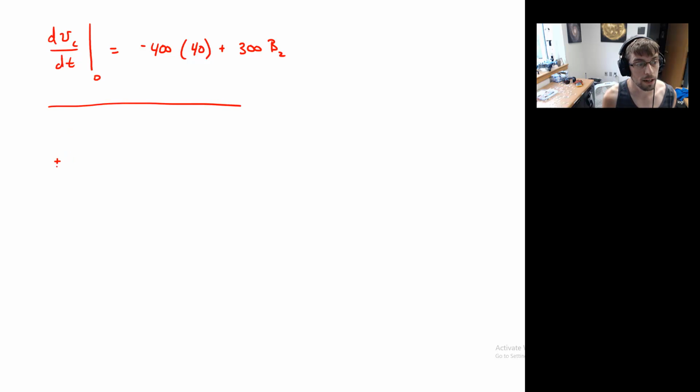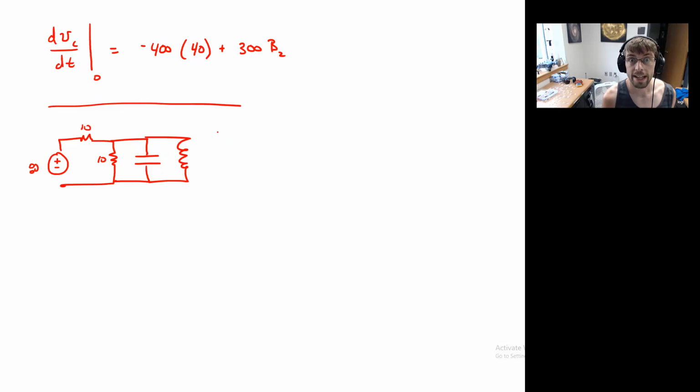Remember what we had. This is 80. This is a 10. This is 10. Our capacitor and our inductor. And at time equals 0, we know that the node had better be at 40 volts and the current flowing through our inductor better be 10 amps.